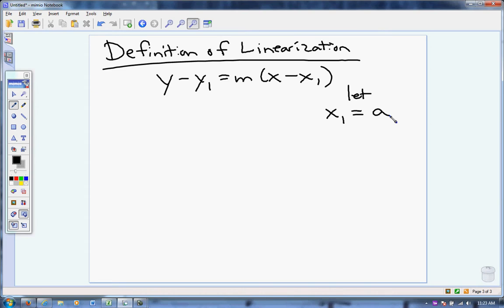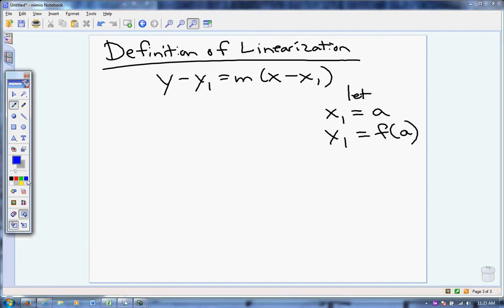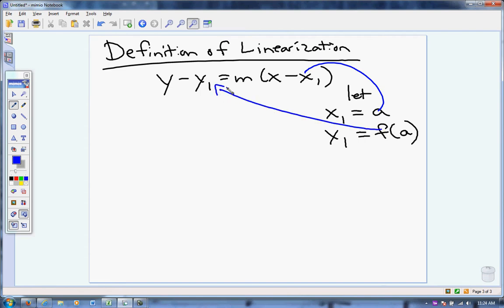So if x1 is equal to a, then wouldn't y1 be equal to f of a? Doesn't that make sense? So let's plug those in now. Now I have y minus f of a equals m times x minus a.